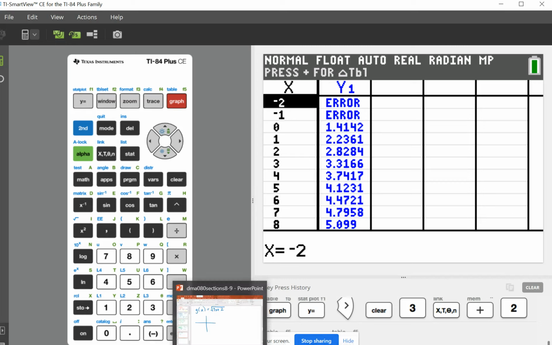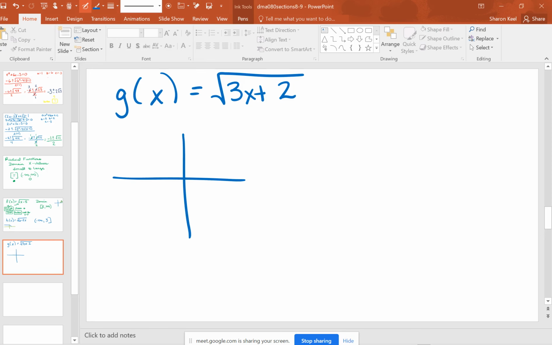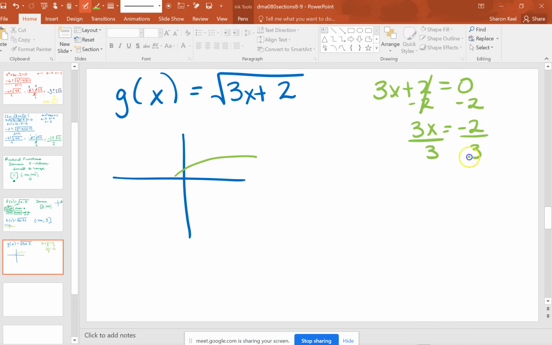So what we're going to do, because like I said, ours for this one appears something of this nature. So I'm going to have to take 3x plus 2, set it equal to 0. I'm going to move this over, and I'm going to solve for x, divide both sides by 3, and I get that x is equal to negative 2/3.